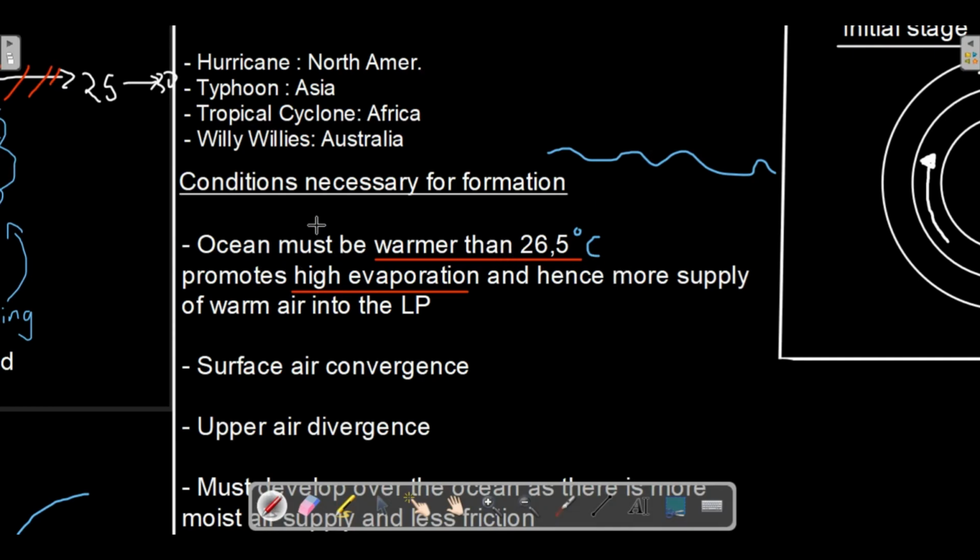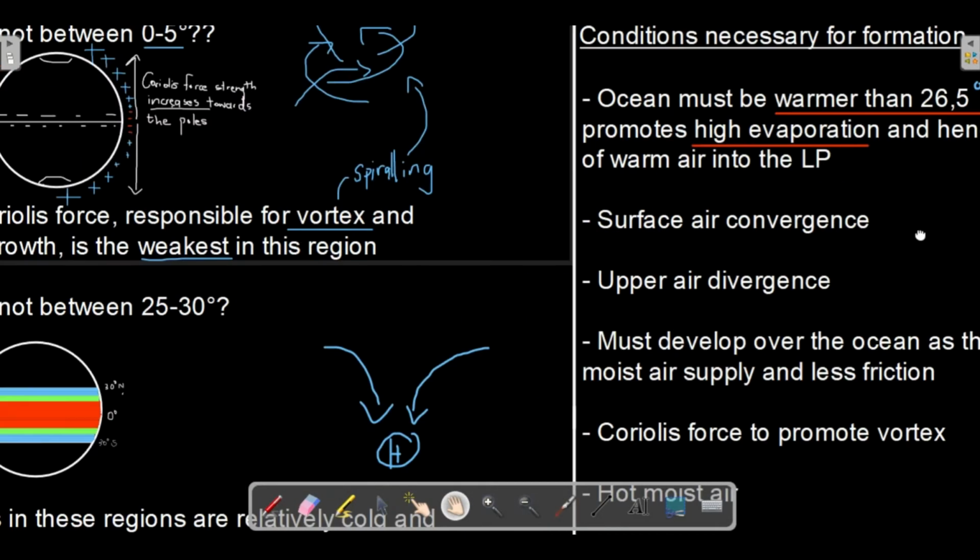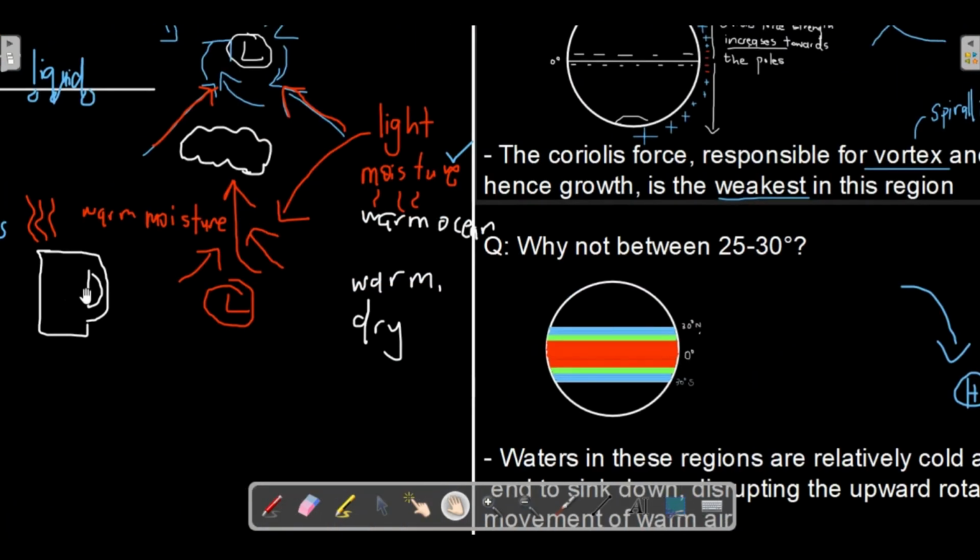So the ocean must be warm, guys, because this promotes evaporation. Again, go back to that kettle of yours. You have water inside, and in order to form warm, moist air, you have to switch that kettle on so that the water boils and evaporates into air particles, into this warm, moist air.